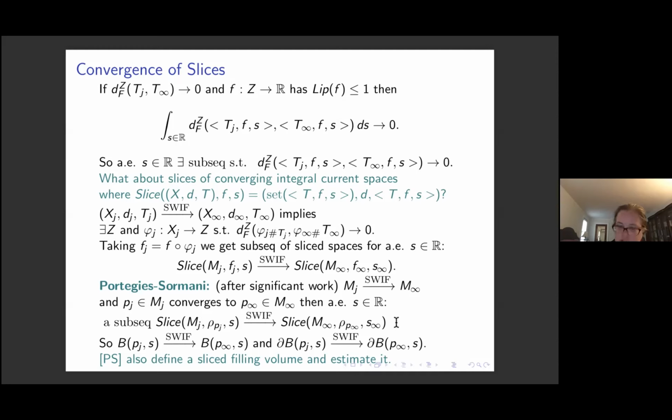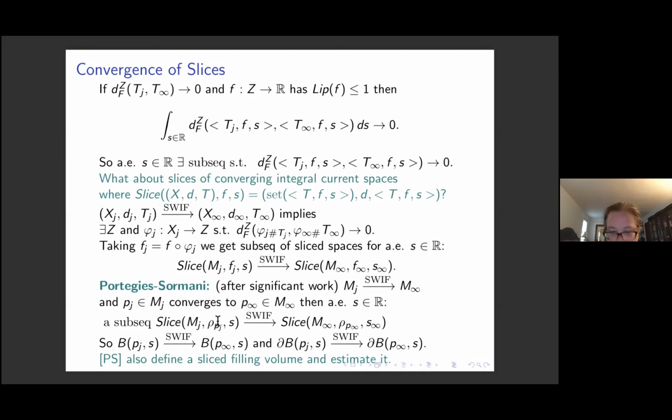And now I can choose another set of points, qj's in here and q infinity, and I can slice the slice. And then we can take another sequence of points, xj's going to x infinity, and I can slice the slice of the slice. And you can take more and more slices and get Swift convergence of slices and go all the way down until the slice is zero dimensional.